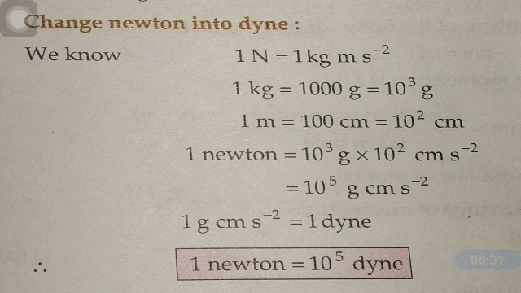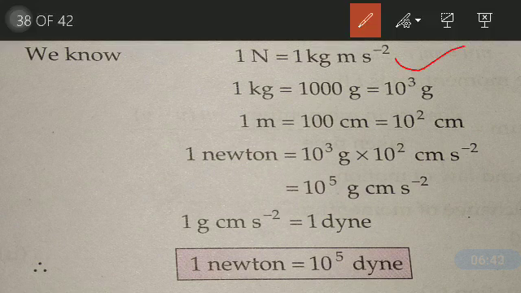Now let us see what is the relation between Newton and dyne. Let us do some calculation. Since 1 Newton is equal to 1 kilogram meter per second square, right? So 1 kilogram is equal to 1000 grams or 10 raised to the power 3 grams. Similarly, 1 meter is equal to 100 centimeters or 10 raised to the power 2 centimeters.